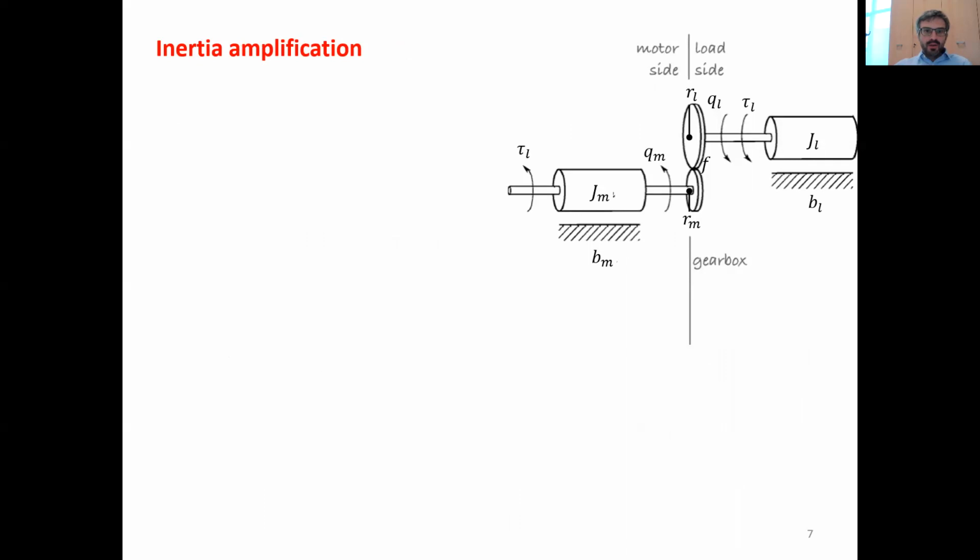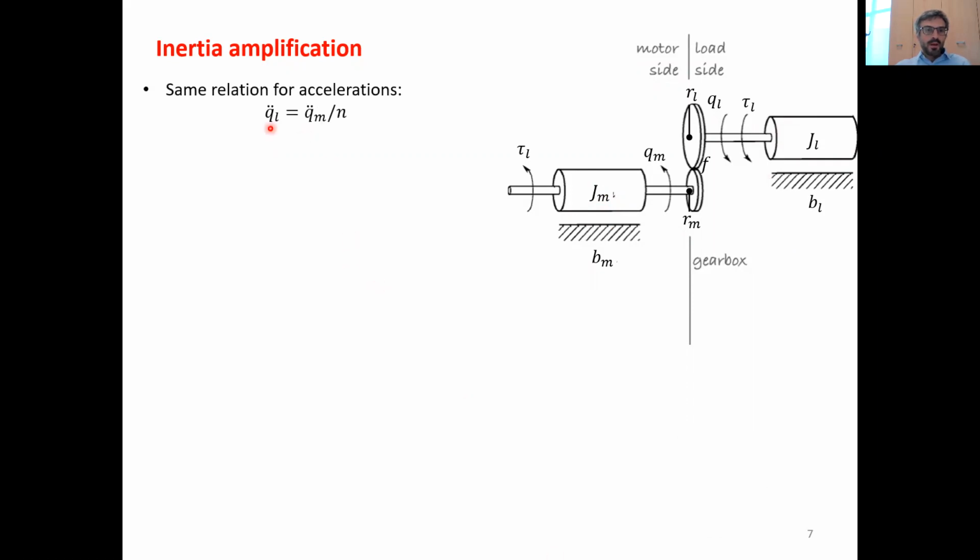And one side effect of introducing a gearbox is not only the friction losses, but also the fact that it amplifies the inertia of the rotor of the electrical motor. The effect of the rotor of the electrical motor on the dynamic load.